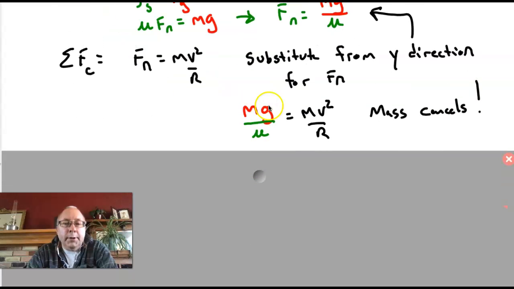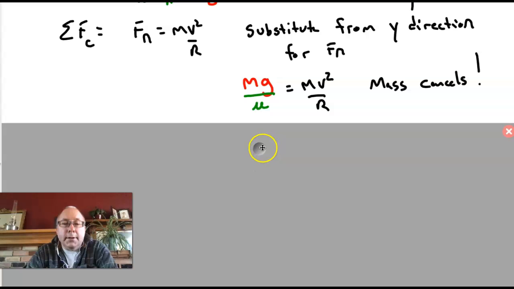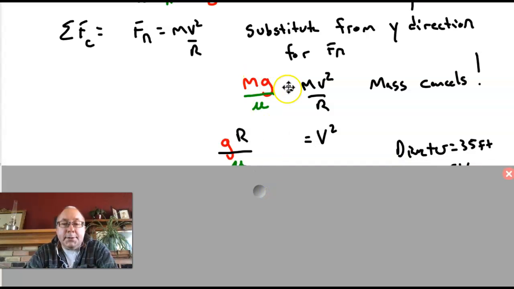And lo and behold, when we do that, for the normal force, we get mg over mu equals mv squared over r, and now the fun really begins. Look at this. Mass cancels again. So it doesn't matter if you're on your 10 speed, that would be kind of scary. If you're on a motorcycle, I think that's really scary, or your car, even scarier, right? The mass drops out. So it should be the same speed for pretty much all the riders.